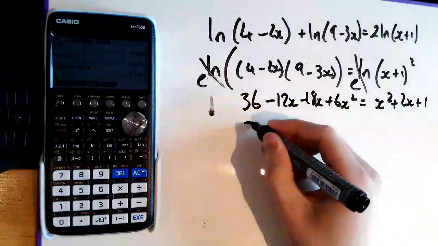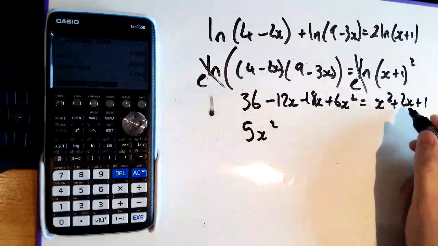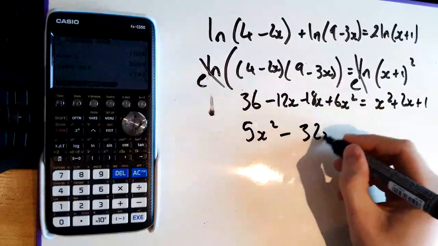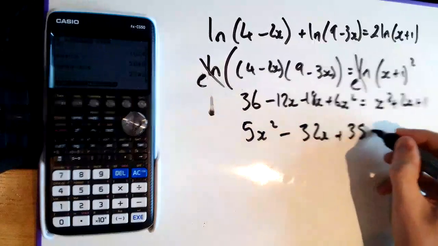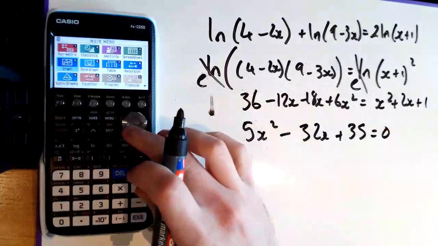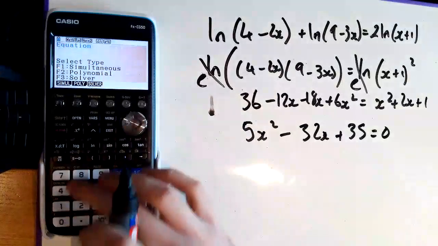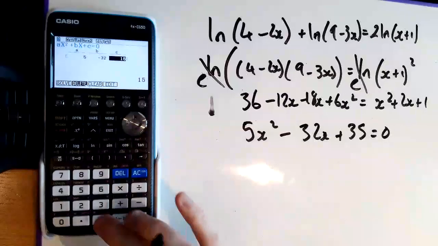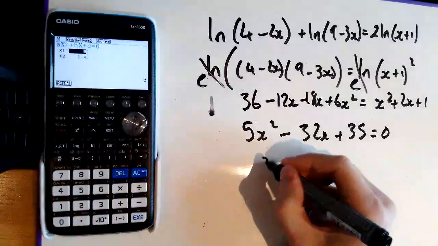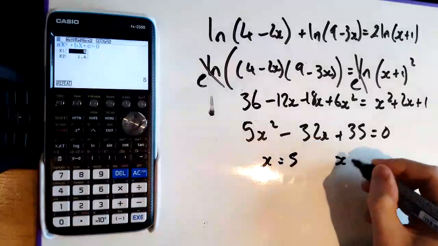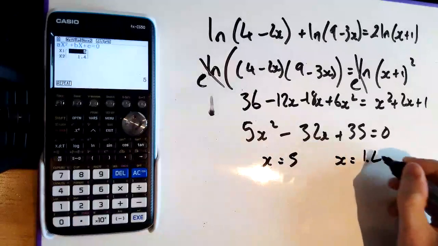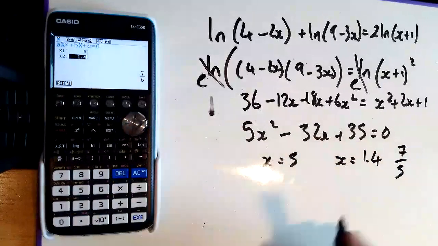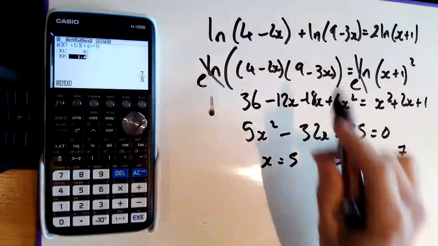Take everything to one side, so 5x squared, take away 32x plus 35 equals 0. Then we solve it on here. We get x is 5, or x is 1.4, which I guess is 7 over 5. And then we have to remember, since we used logs, to sub them back in to check.